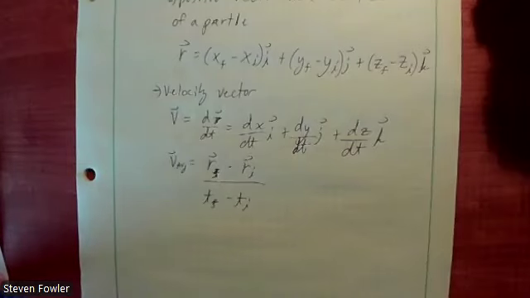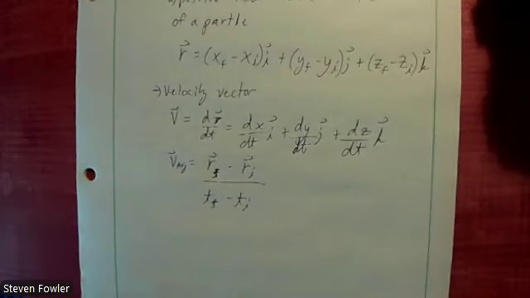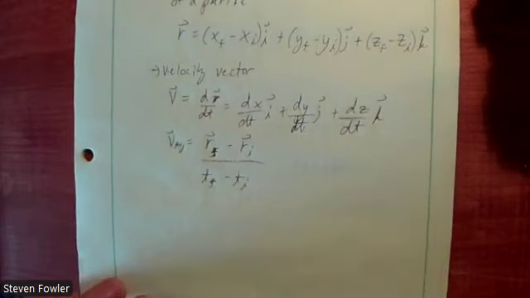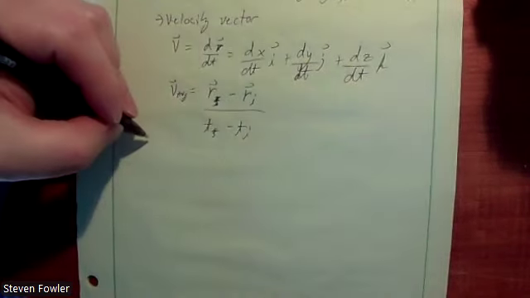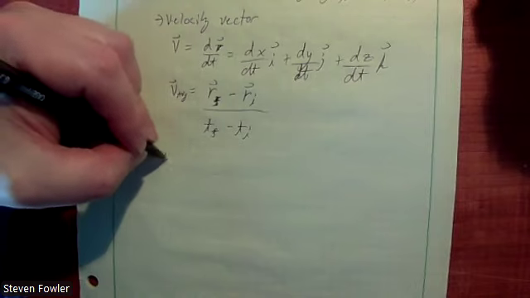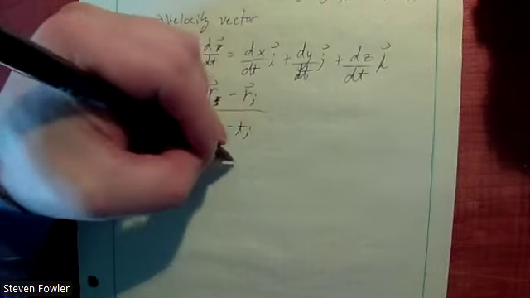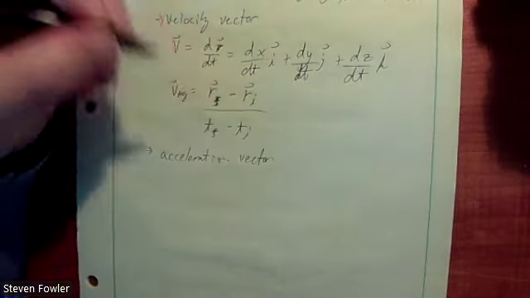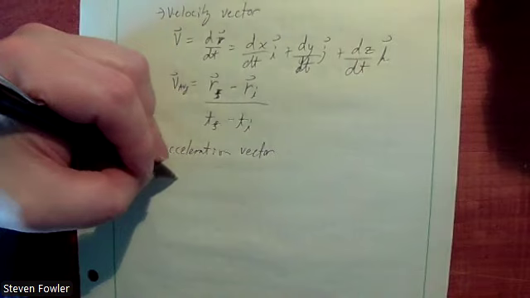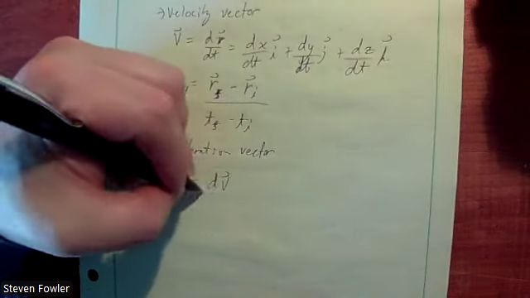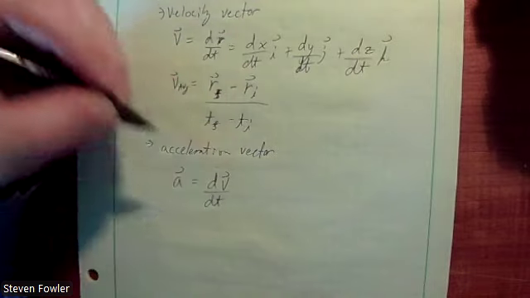And the same thing with acceleration. Basically have the same exact thing with acceleration. So the acceleration vector is going to be the derivative of the velocity vector with respect to time.